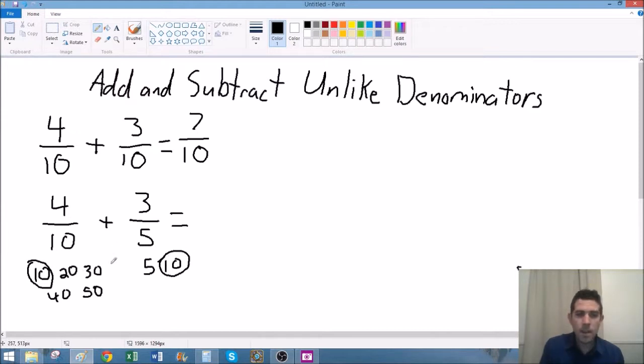Now here's the tricky part. I know that I want to make both denominators 10 since they both go into 10. What I'm going to do is count how many places over I had to count for the 5. 1, 2. It took me 2 numbers to get this 5 to become a 10. So I'll multiply 3/5, 3 and 5, by 2.